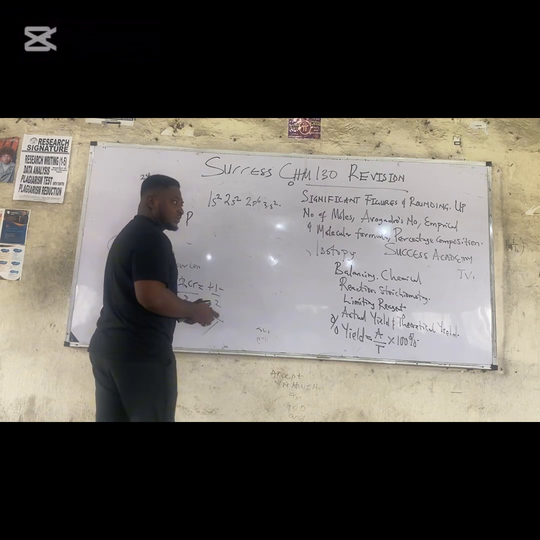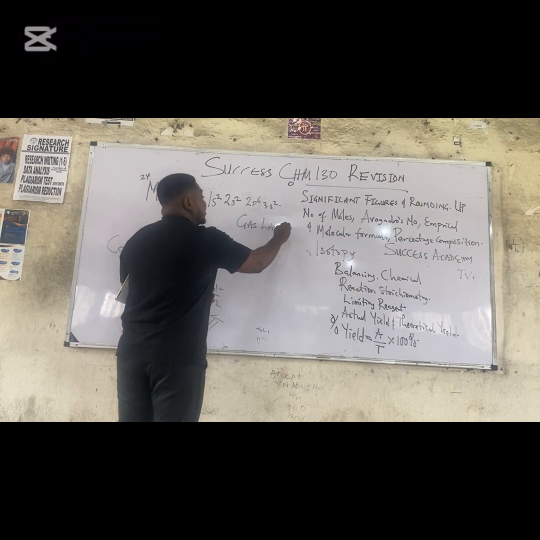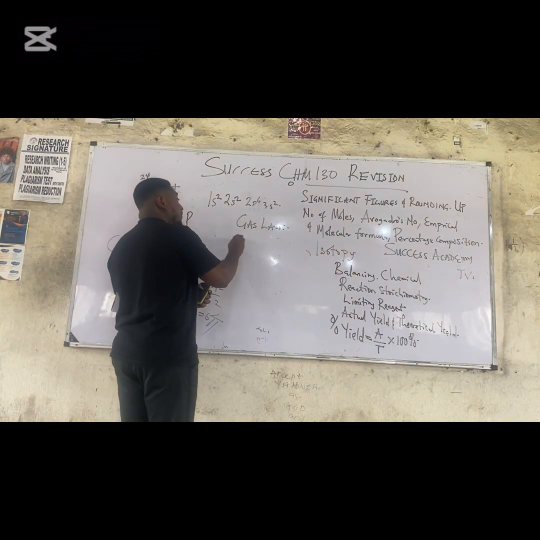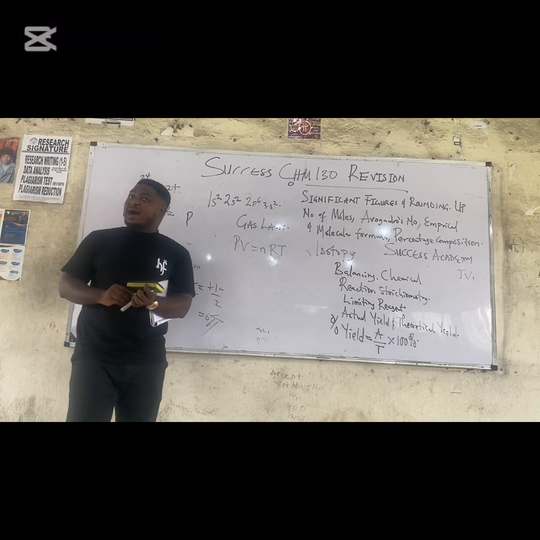Class, gas laws. Let me tell you the aspect of gas laws they like bringing out. They will bring out the ideal gas equation, where you say PV equals nRT. PV equals to what? nRT.